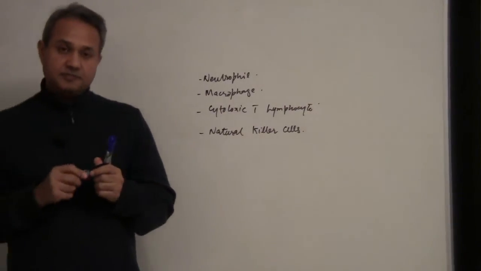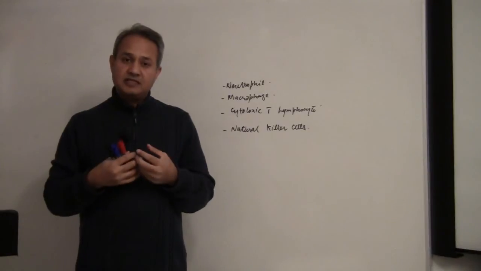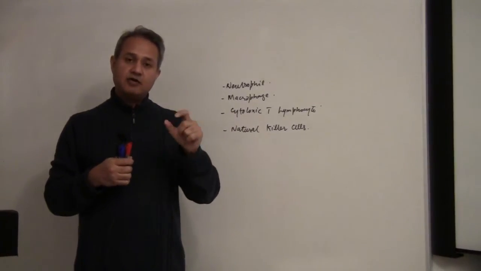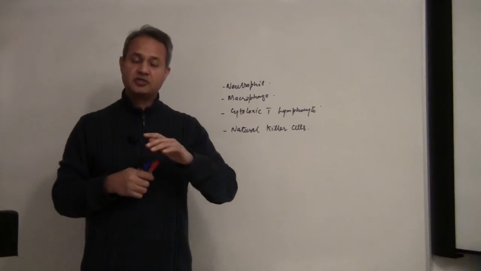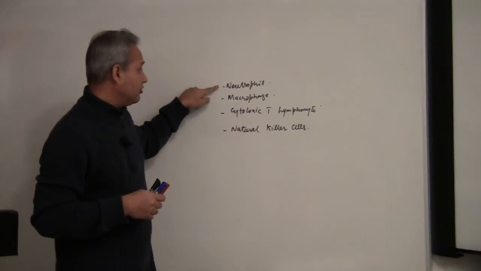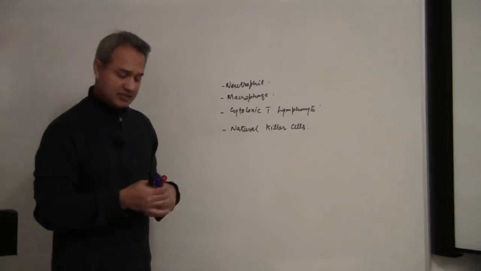So again the question is very simple. After some lab analysis of some malignant cells, it is found that the expression of MHC class 1 molecule on the surface of the cells is reduced. Which cell is going to take care of these cells? Neutrophil, macrophage, cytotoxic T lymphocyte, or natural killer cell?